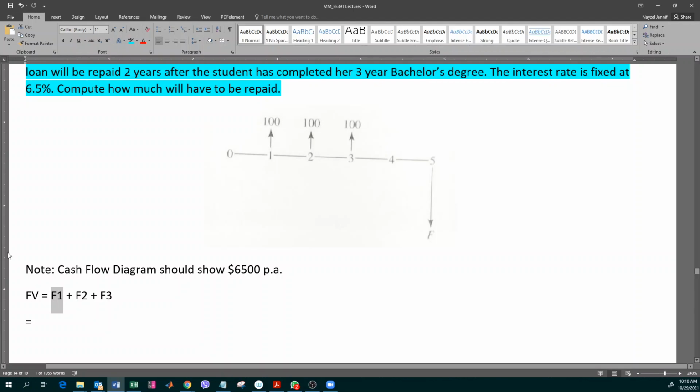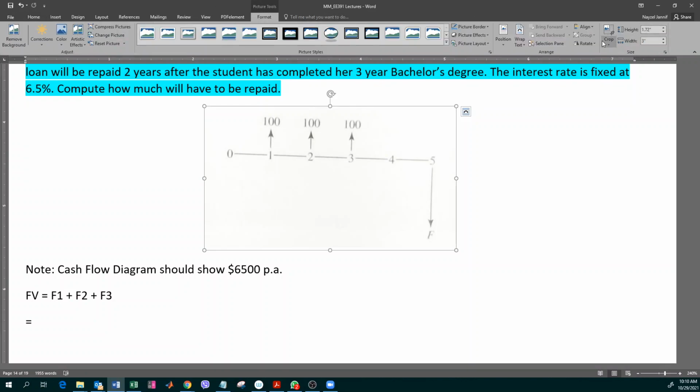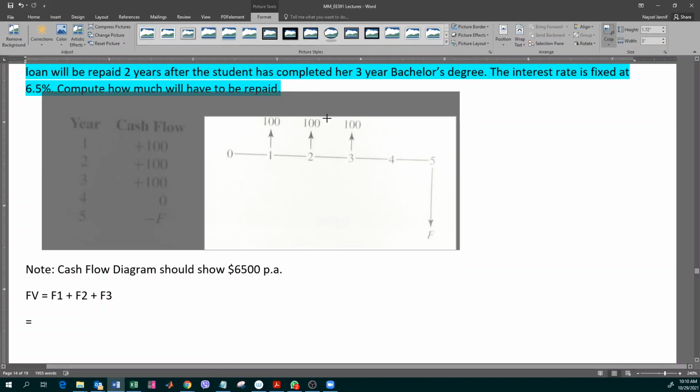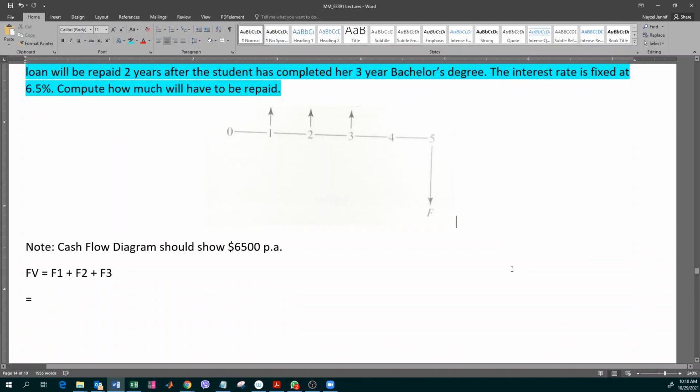Anyone? Let's see your chat box. Put your answer in. What formula do we use? F given A? No, this will not be F given A. Remember, F1 is the value of this first $6,500.